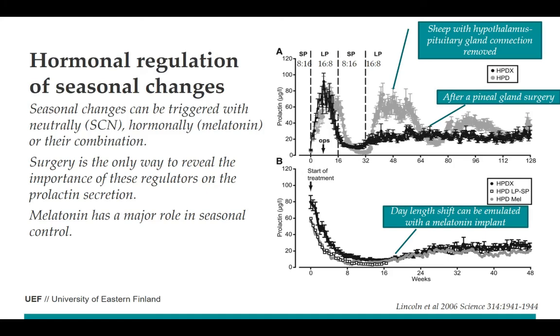And the same thing can also be made by just implanting melatonin. So this means that melatonin is affecting directly the pituitary gland. So the pituitary gland is not only regulated by the hypothalamus and central nervous system and circadian clock.